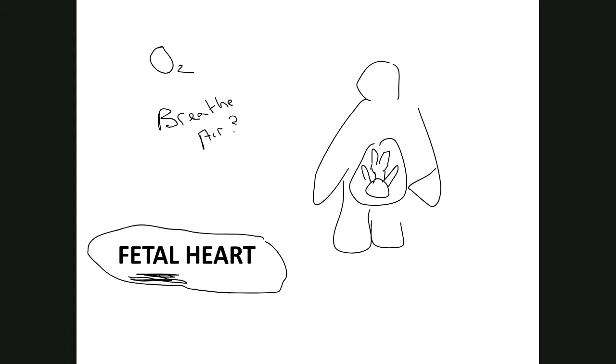So if you look at the lungs of a fetus, the lungs are basically non-functional. They're full of liquid. They're not really working at all. And so it does not make any sense to send half of its blood to the lungs when they're really not doing anything. So the fetus has two adaptations.